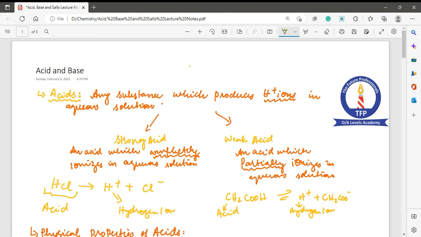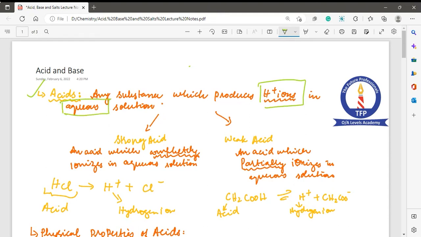But before we start the discussion of the physical and the chemical properties of an acid, it is important to understand what an acid actually is. According to the definition, an acid is any substance which produces H positive ion in aqueous medium.